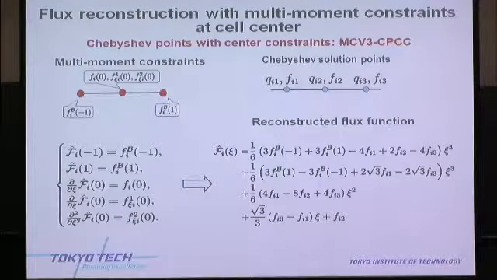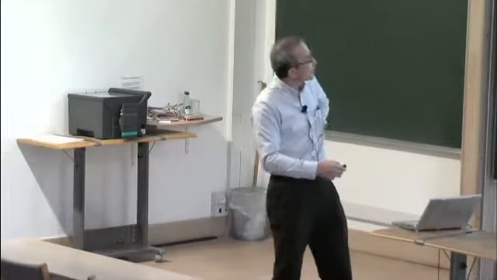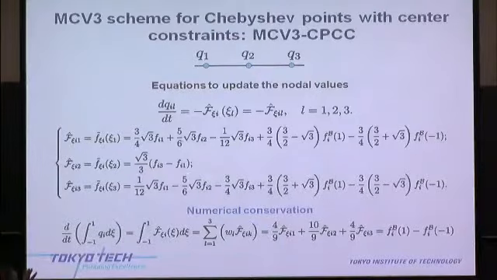Okay, so this is a constraint condition. Again, we get another reconstructed flux function, and we have some similar, but the details are quite different. But the procedure is just the same.